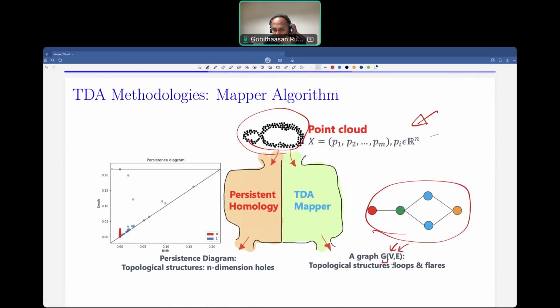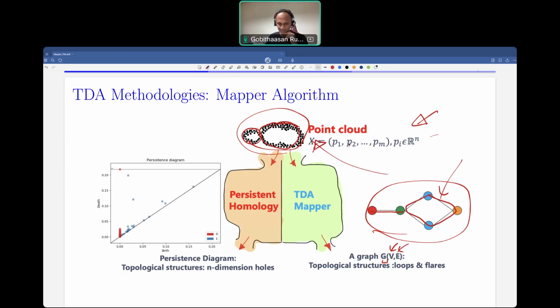G is a collection of vertices and edges, where collection means a set, a vertex set and an edge set. We see, for example, that the main loop is encoded with this loop, whereas the small one is considered noise, so it becomes straight like that. This is the so-called structure of the given point cloud.